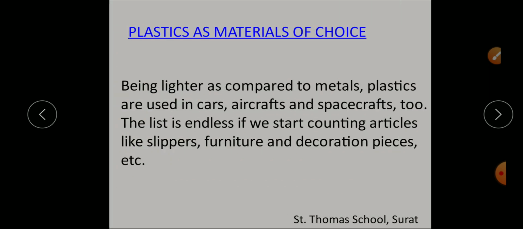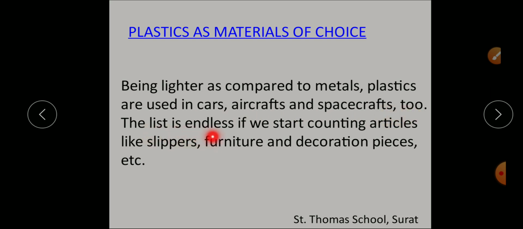Okay, students, so plastics as material of choice. Being lighter as compared to metals, plastics are used in cars, aircrafts, and spacecrafts too.